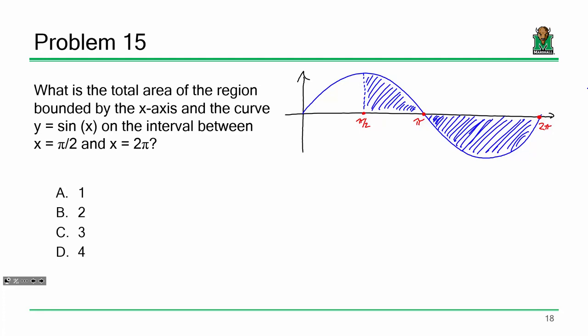The reason is that your integral will assume that this is positive area and that's negative area, right? So this is how you're going to have to do this. You're going to have to say that your area is the integral. And if you want, you can do absolute values for both of them.